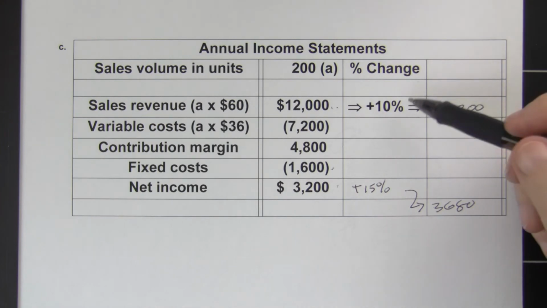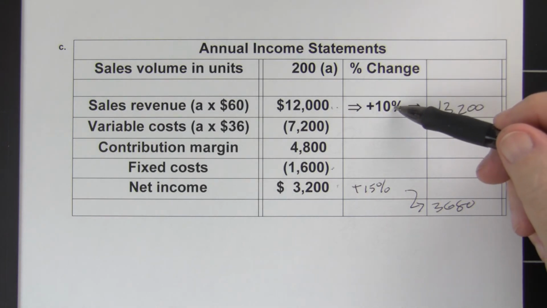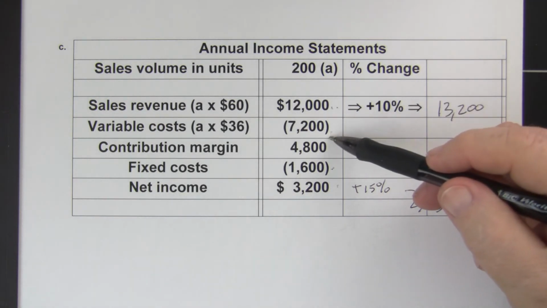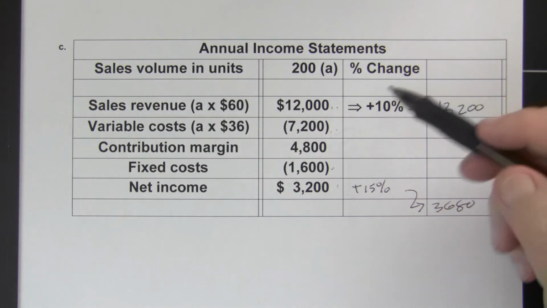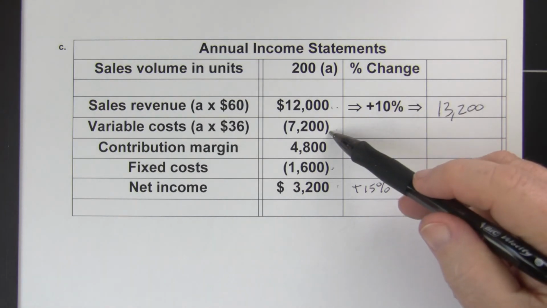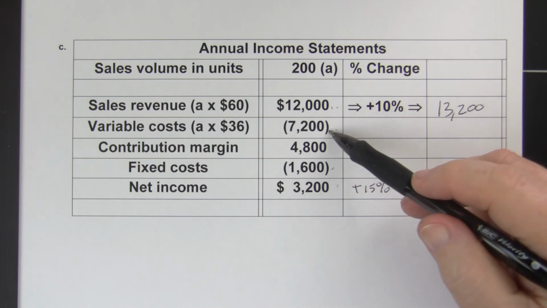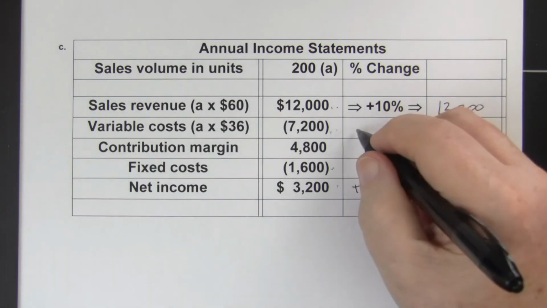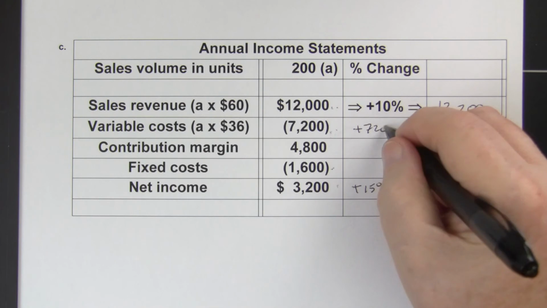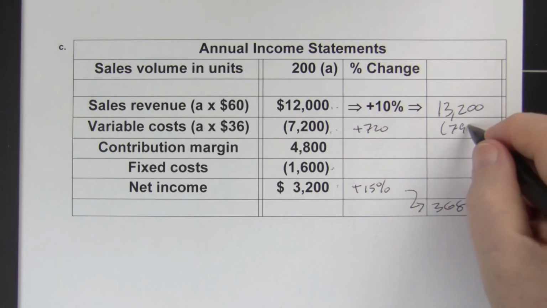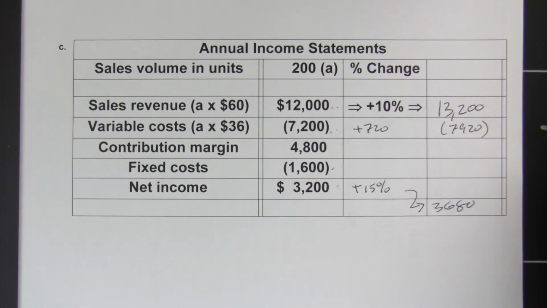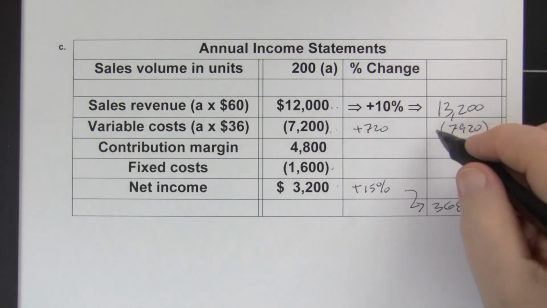Now, we can't sell 10% more without having 10% more in terms of variable cost, because we have to make the stuff to sell it. So 10% of that is 720. Add 720 to that, and you come up with 7,920 in your variable cost.